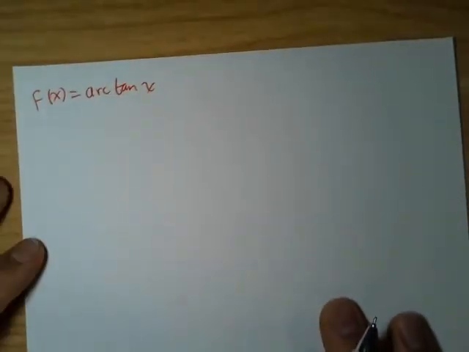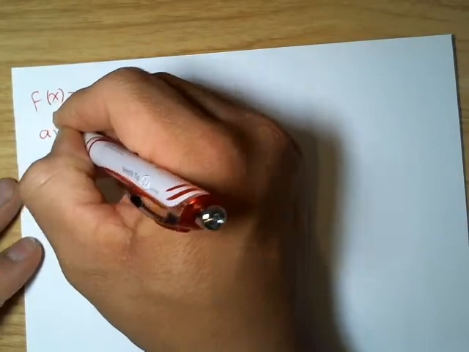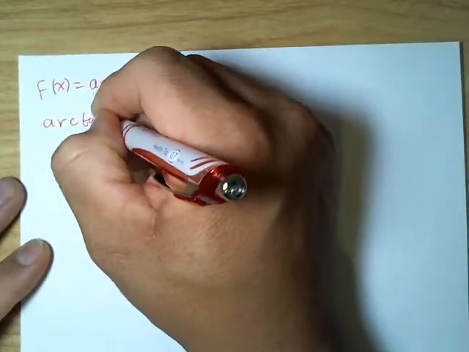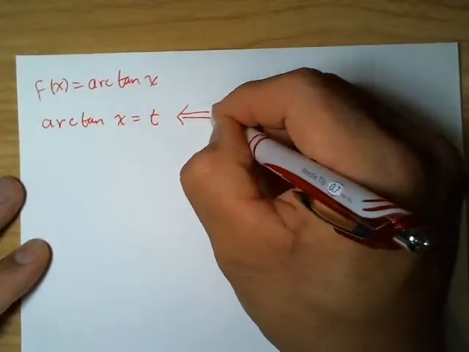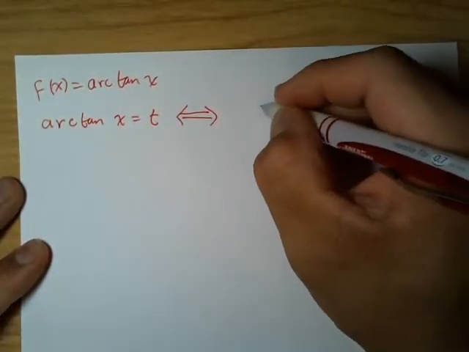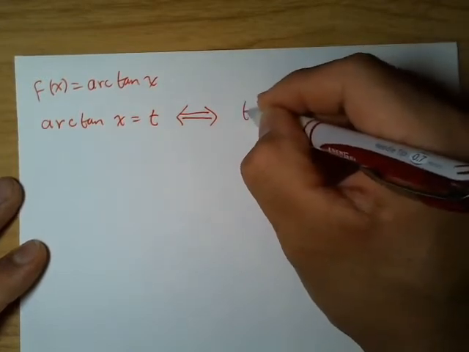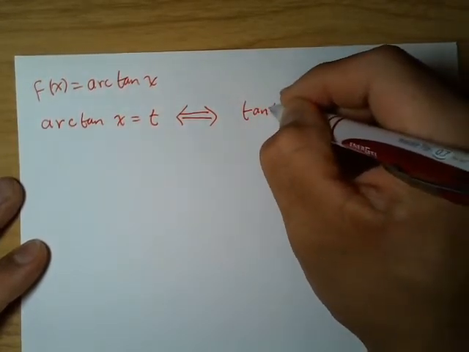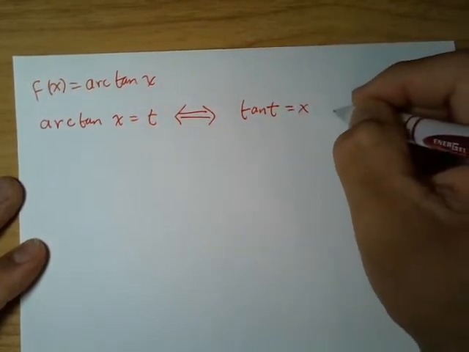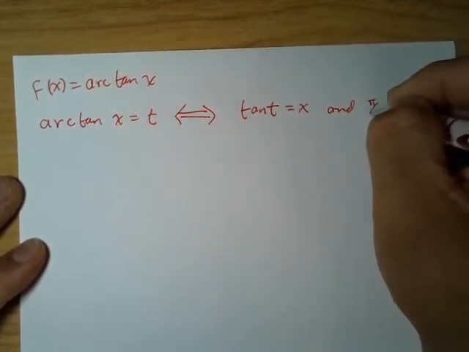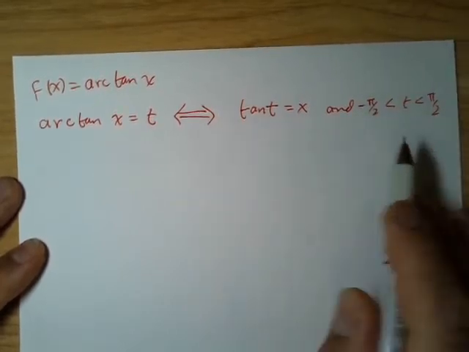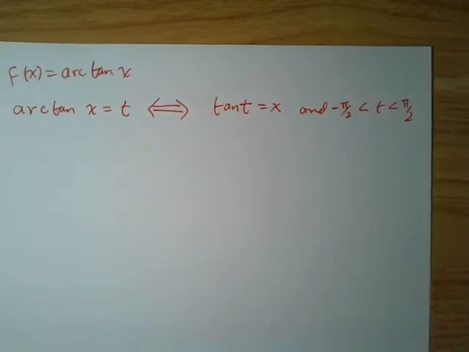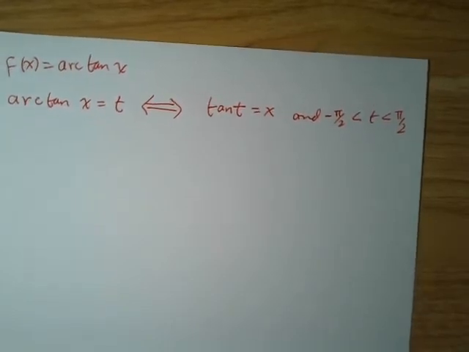Again, similar to our arc cosine and arc sine, arc tangent of x is equal to some function t, if and only if tangent of t is equal to x, and t is between pi/2 and negative pi/2. Now this is strictly between, since the tangent is not defined at pi/2 or negative pi/2.